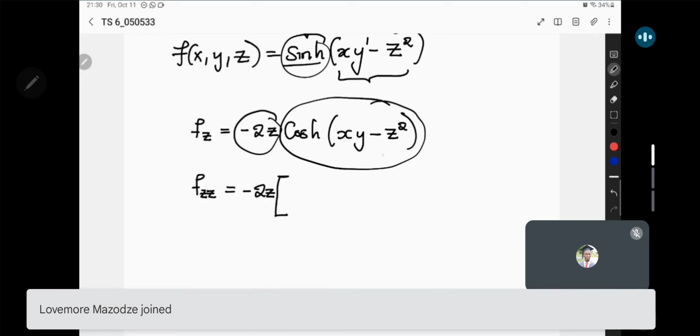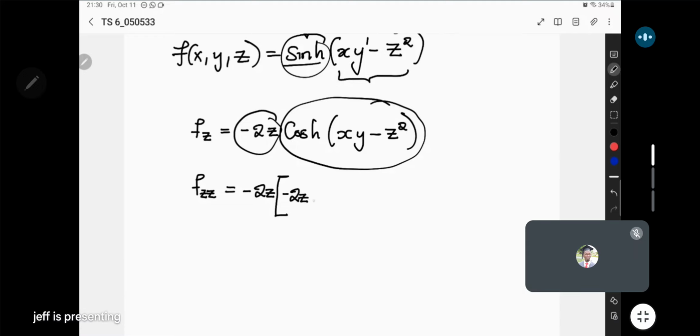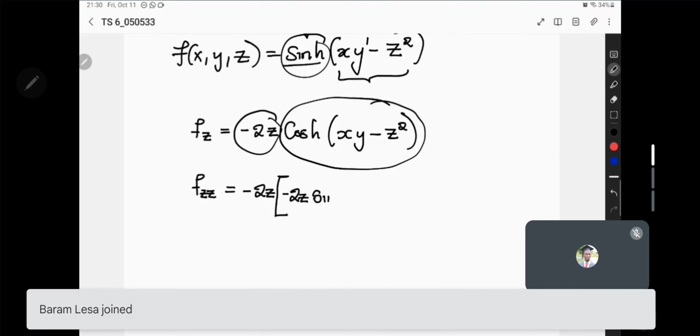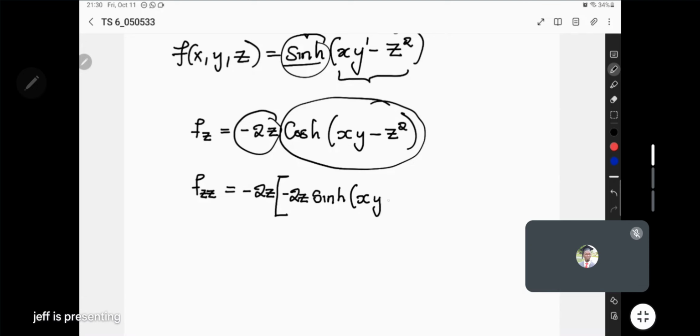Differentiate the argument again first, we'll get negative 2z. Differentiate the cosh, we get sinh. The argument will remain the same. So here this is by product rule. I kept the negative 2z, differentiated the argument, I differentiated the hyperbolic function.